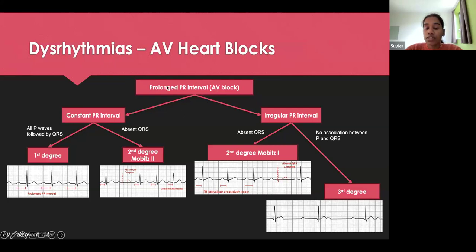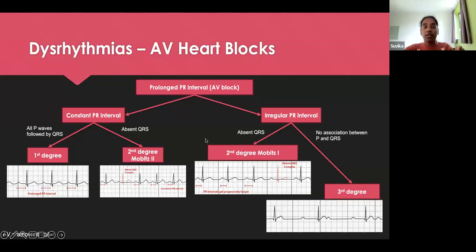Moving on to the ones where you've got an irregular PR interval, so one of them might be longer or shorter than the previous one. Again, look at whether you've got absent QRS complexes or whether they're not associated at all with your P waves. With absent QRS, your P waves are there and your QRS are there, but it's different to first degree because your PR interval is not constant.